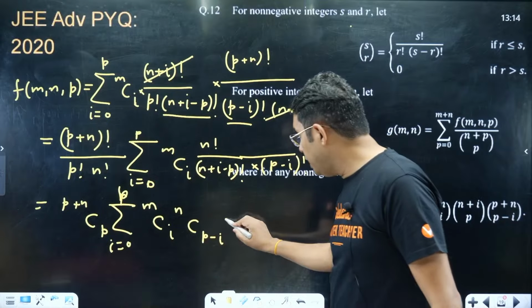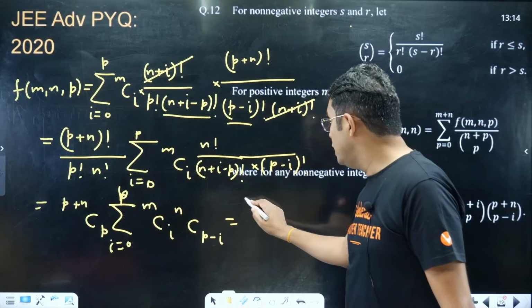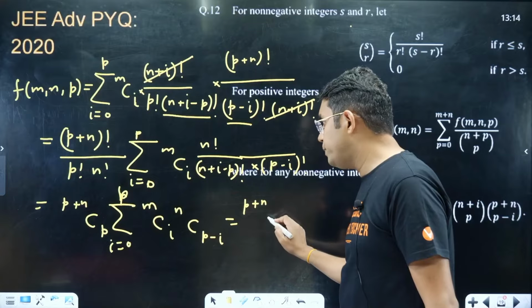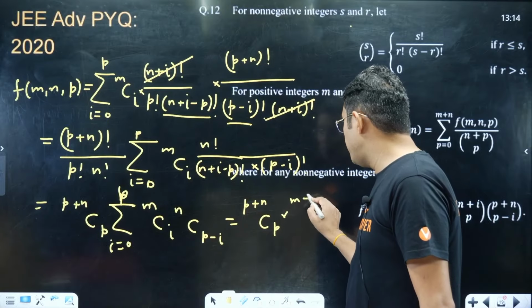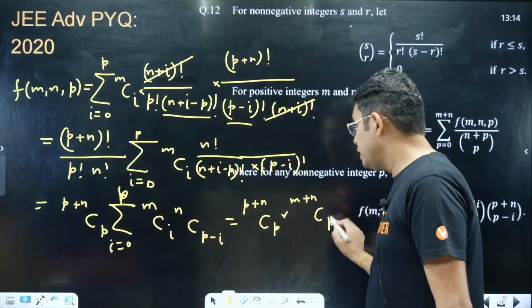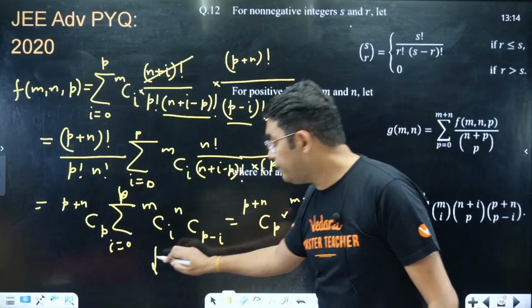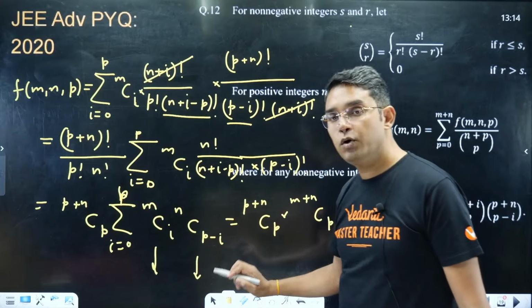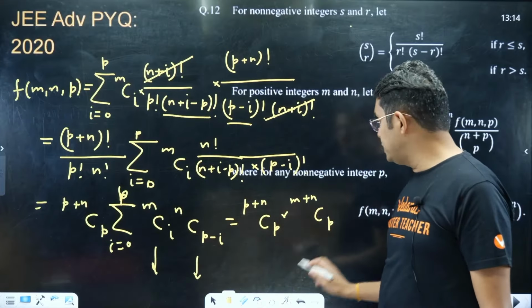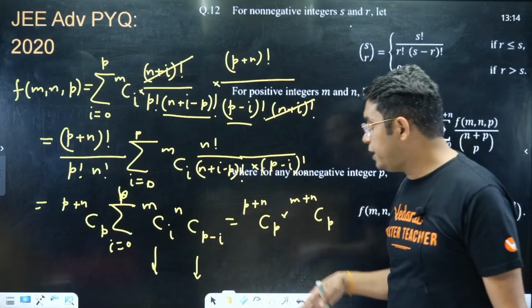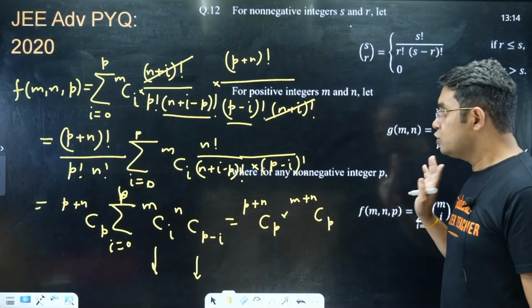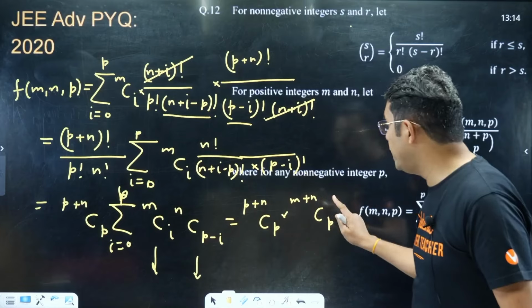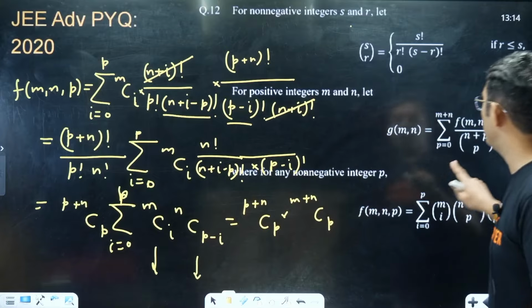Here this will become equal to, now you can write it directly, p plus n cp, and this you can write as m plus n cp. You can say m girls and n boys, total number of people to be selected as p. You can break this into cases, and if you add all of them, you get this thing. So my f of m comma n comma p is coming out to be equal to this thing.